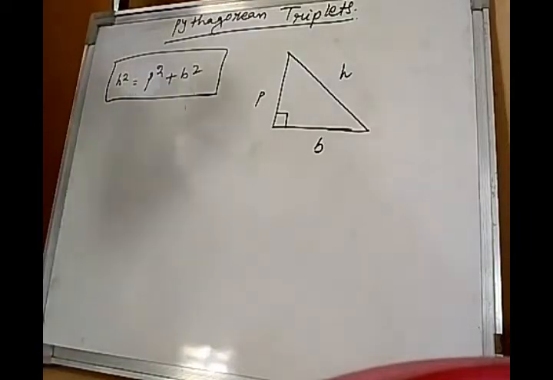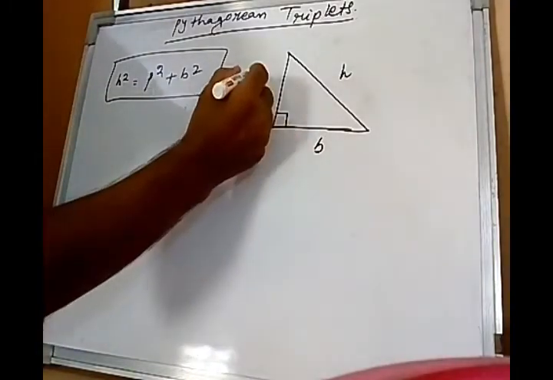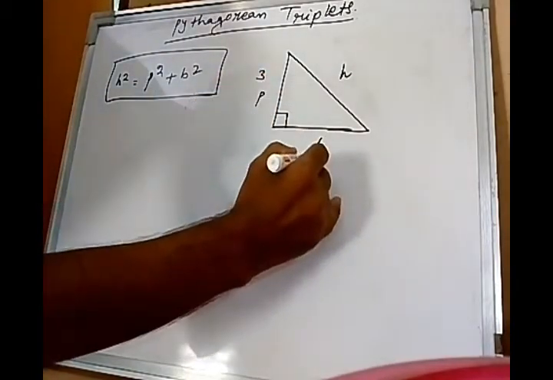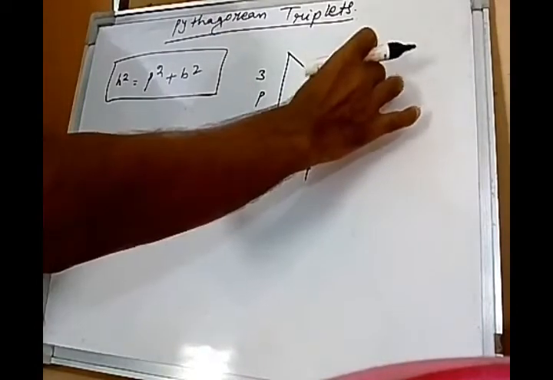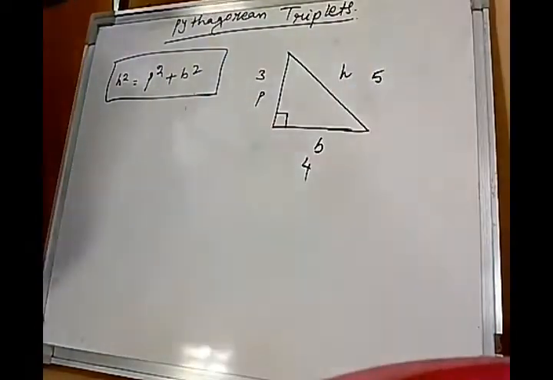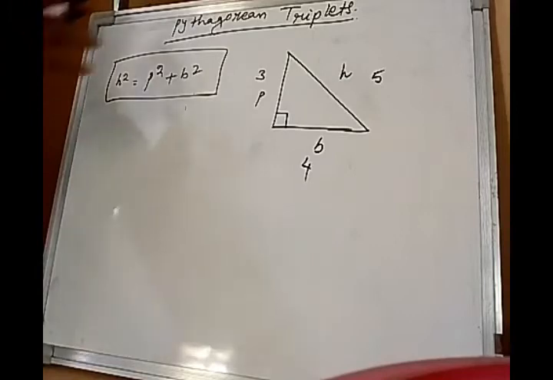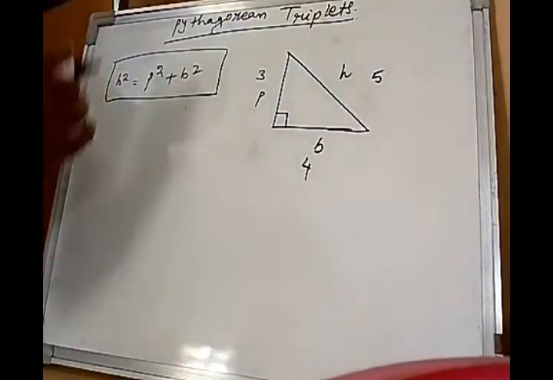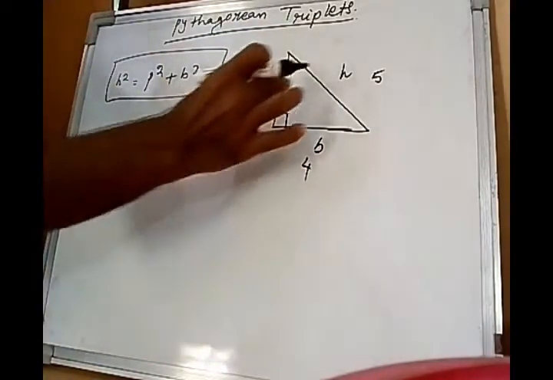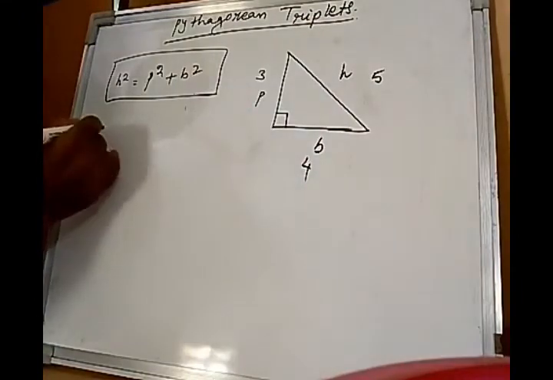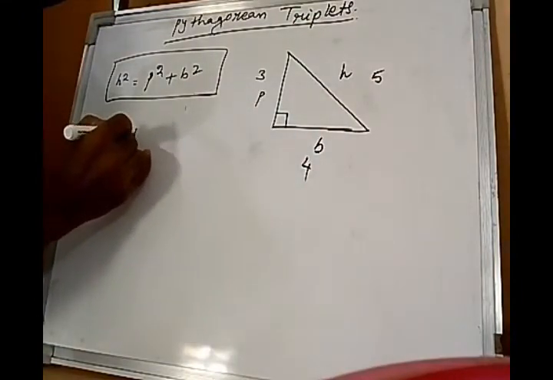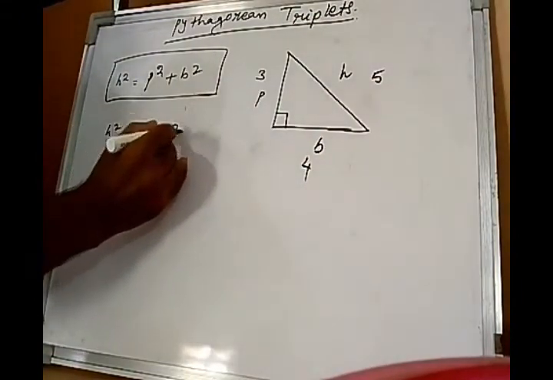So now we can check. Suppose this one is 3, this one is 4, and this one is 5. Let's check whether the Pythagoras theorem is satisfied or not. So here we know h equals 5. So here h square equals p square plus b square.